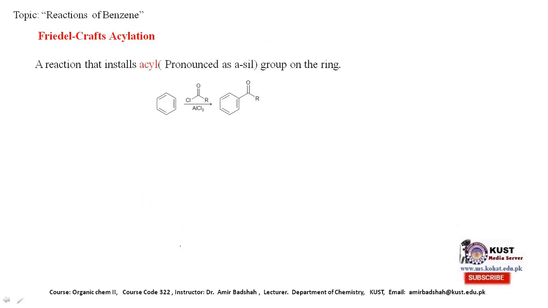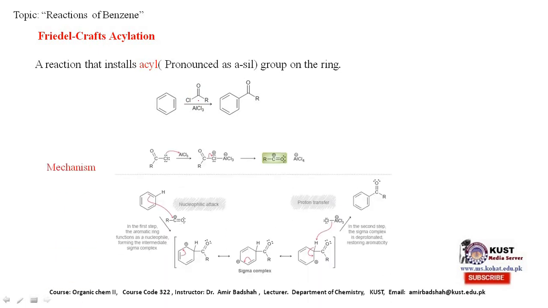The last topic is the Friedel-Crafts acylation, where the acyl group is installed over the ring, in contrast to Friedel-Crafts alkylation where the alkyl group is installed. Various types of reagents are used for acylation of benzene, maybe acid chloride, maybe acid anhydride, and many others, in the presence of Lewis acid.